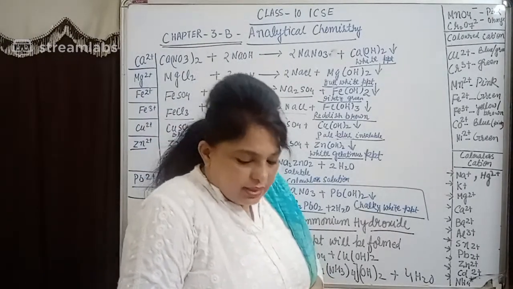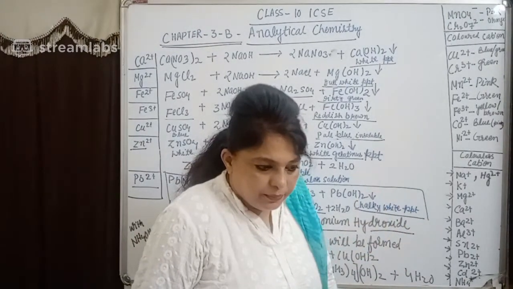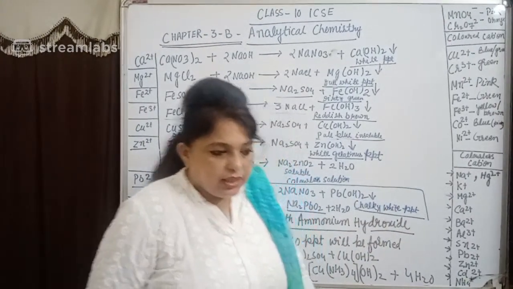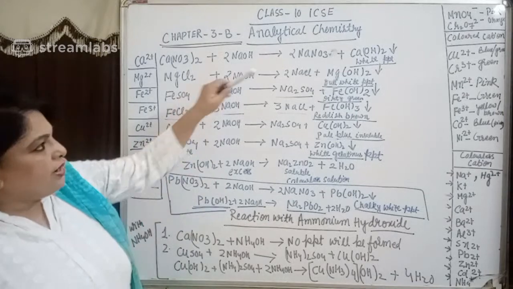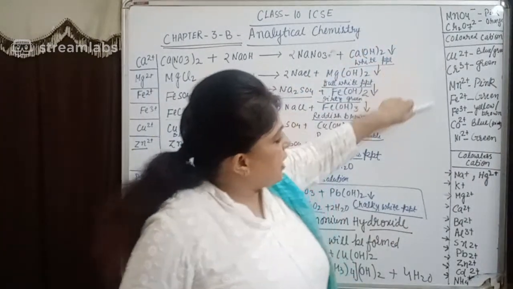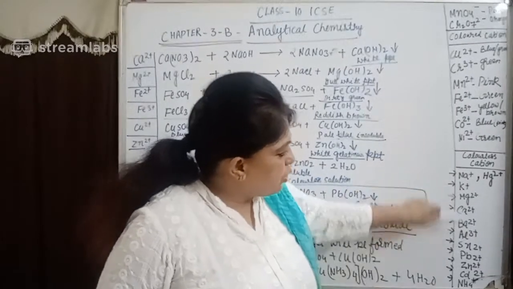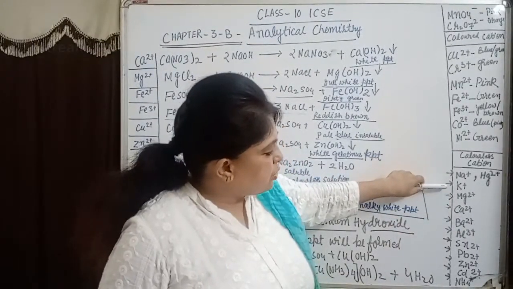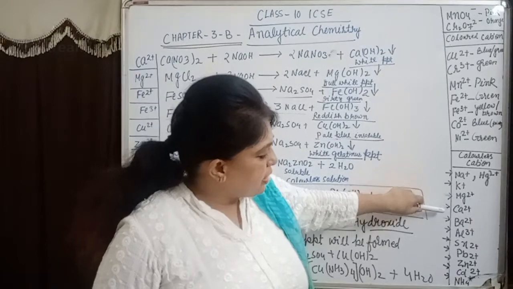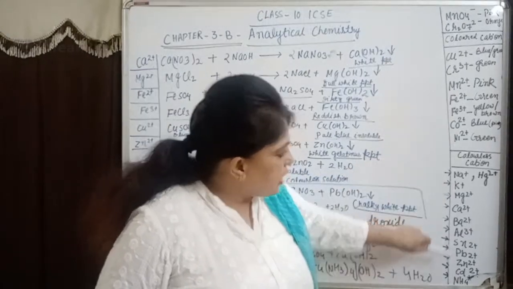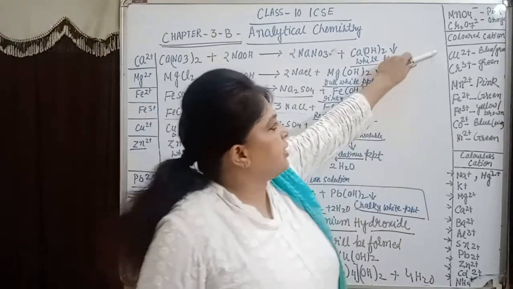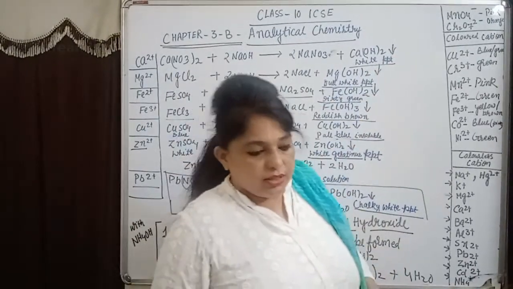Are these reactions clear or not? These reactions are clear. We have understood the different colors of the ions here. We have understood the colorless cations also: sodium ion Na+, Hg2+, K+, Mg2+, Ca2+. These ions are all colorless cations, and these other ions are colored cations.